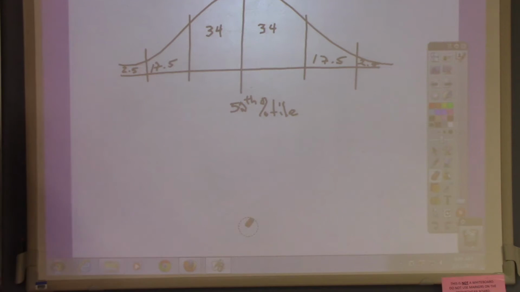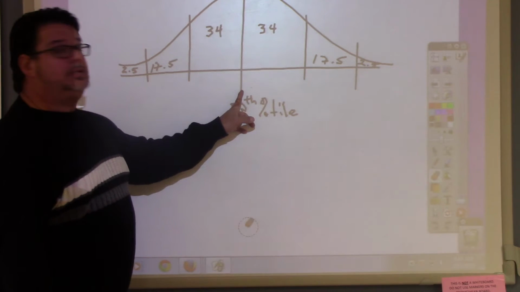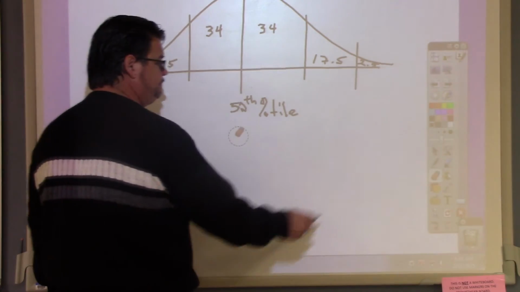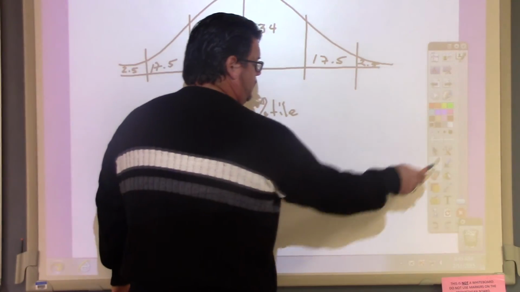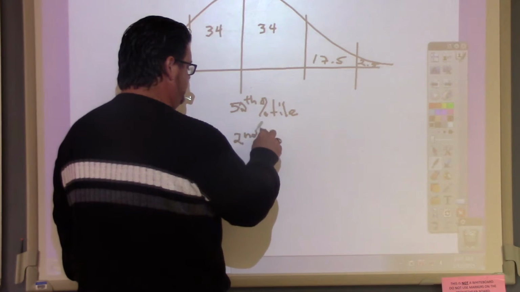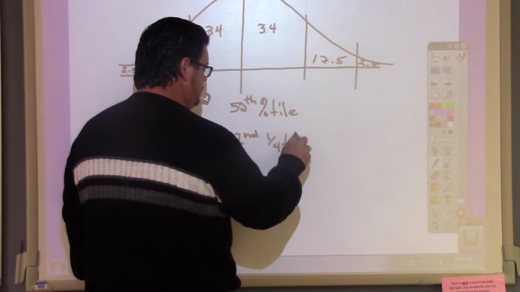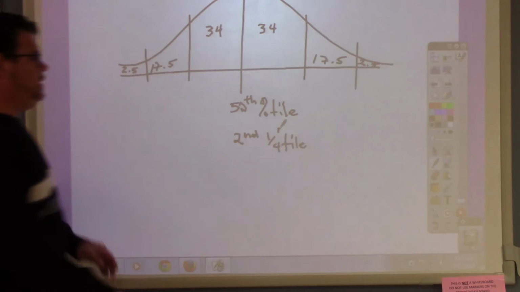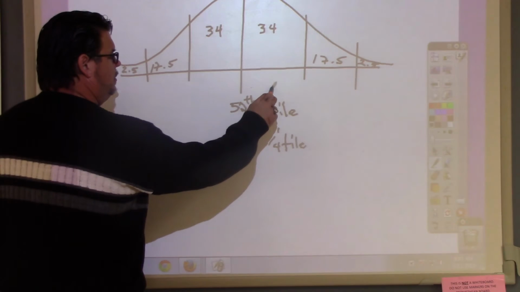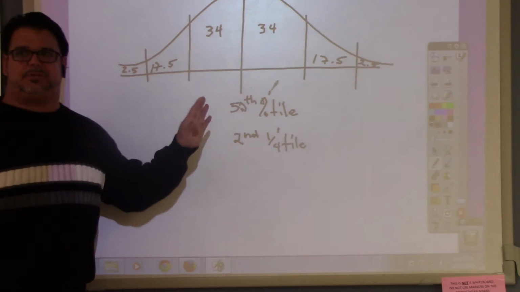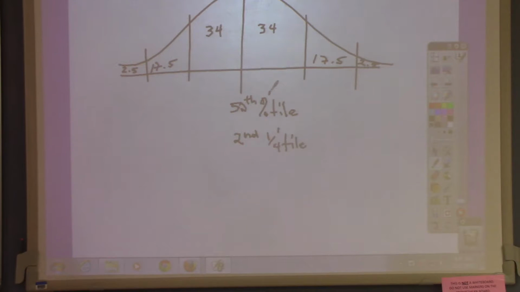Now, you can also call the 50th percentile the what? Which quartile is it? If this is the first quartile, what's this? The second quartile. Okay, you need to get used to that. Now, it's not exactly the 50th percentile, but I'm trying to get you to relate how to read the percentiles. I don't want you reading the 28th percentile and coming from the right, because we don't read from right to left.